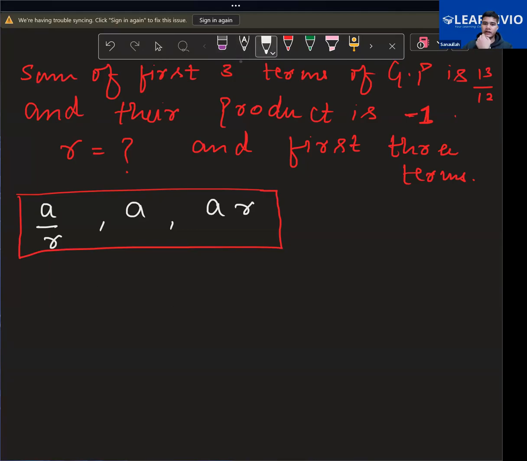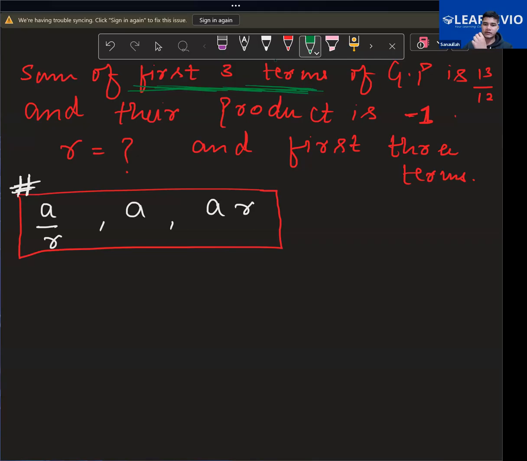So here you have A, R. You need to learn that whenever you have a question like the sum of the first three terms of a geometric progression, then in that scenario you have to take A by R, A and AR. If it was five terms, then what can you take?